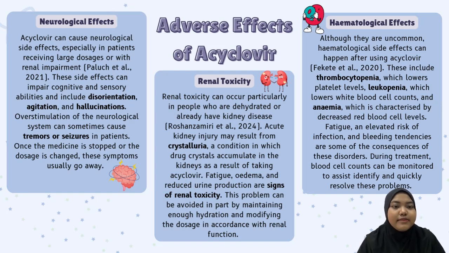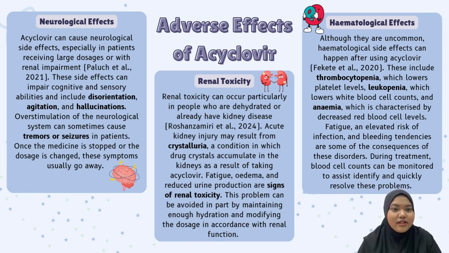The patient may feel three symptoms in renal toxicity, which are fatigue related to impaired kidney function, reduced urine output because the crystalluria can block the kidney from excreting urine, and edema because with reduced urine output the fluid in the body builds up and can lead to edema. Edema can happen in the leg, causing swelling because of fluid retention.